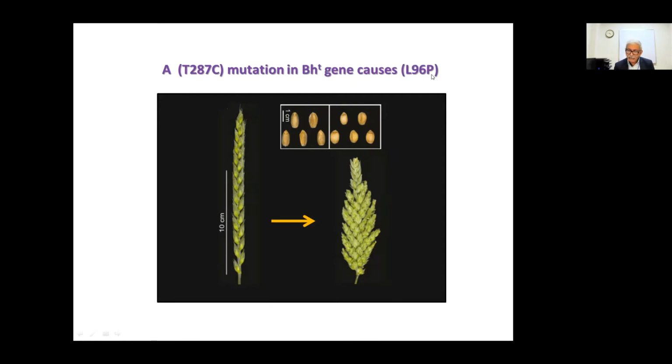A single amino acid change is resulting into this format of wheat. Okay, this panicle of wheat has so many branches. That is the branch pattern.